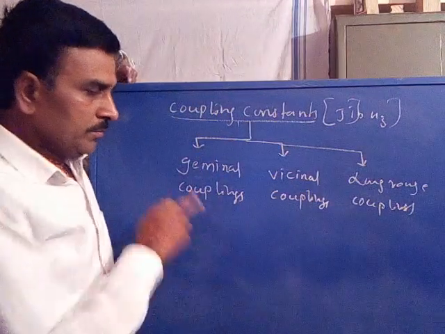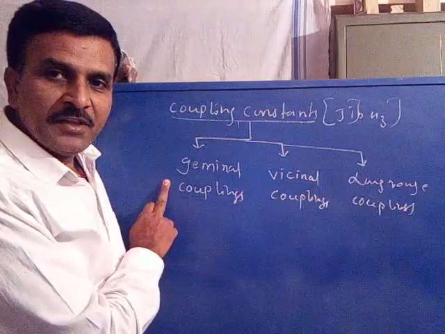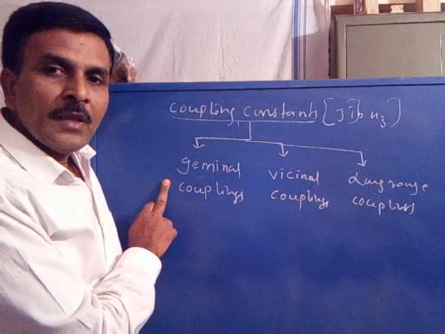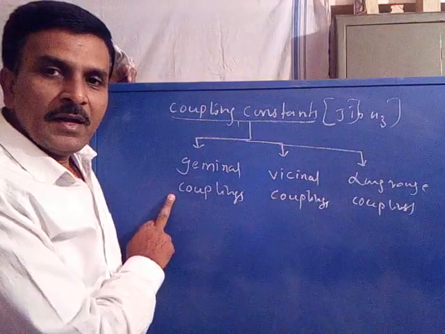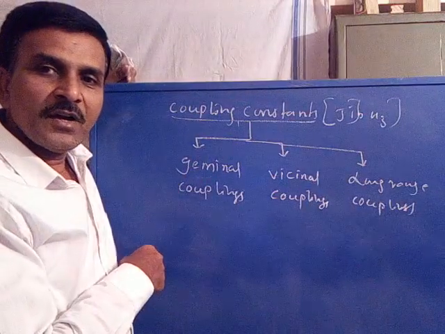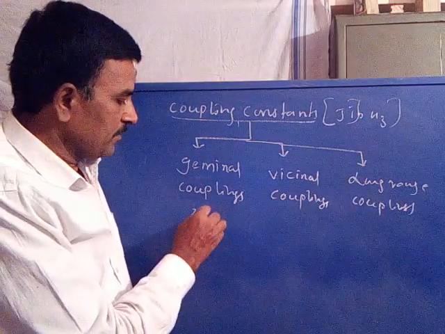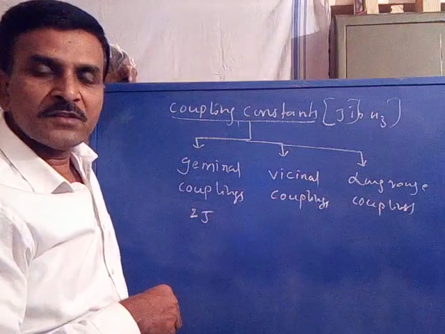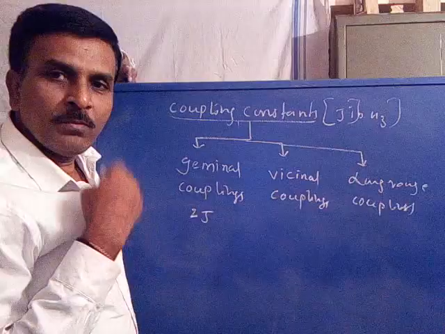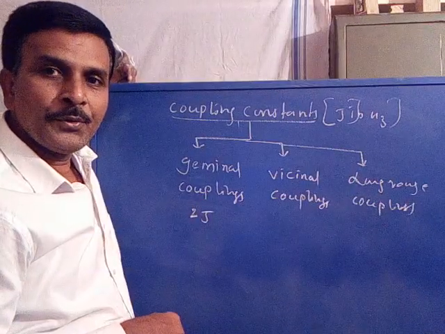Now, the coupling interaction between nuclei separated by two bonds is called geminal coupling, and the coupling constant observed is called 2J, where the 2 stands for two bonds between the coupled nuclei.